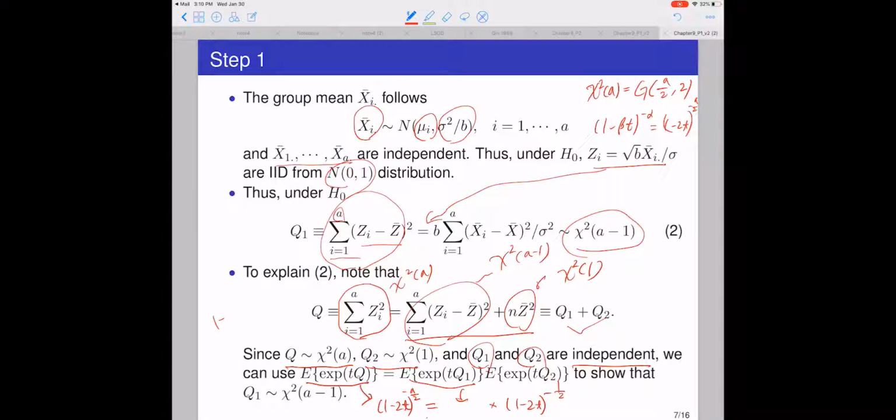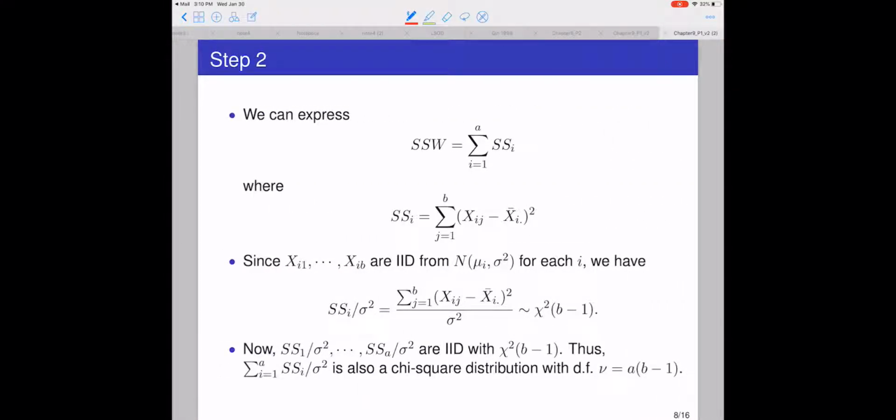So that means this one should be (1 minus 2t) to the minus (A minus 1) over 2. So that is the MGF of the chi-square A minus 1 distribution. That is the proof for step 1.